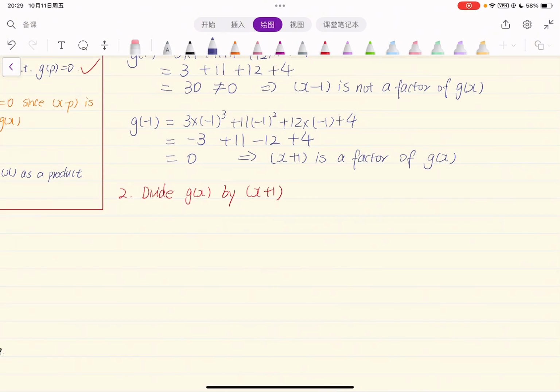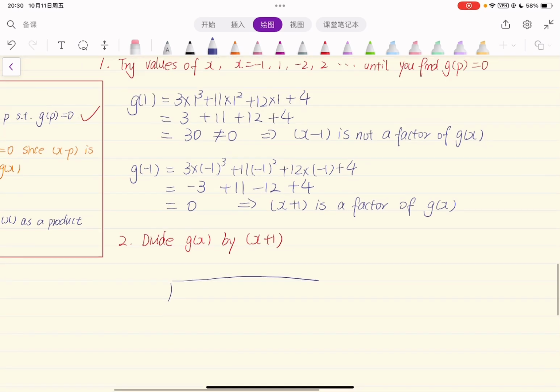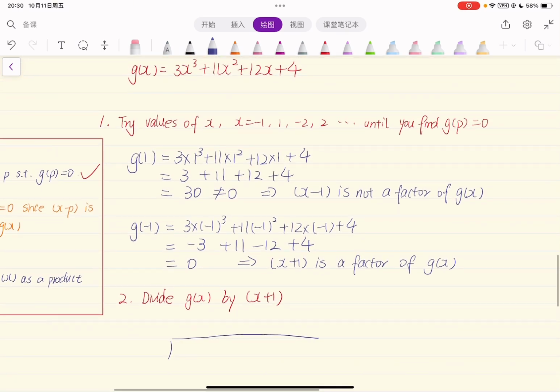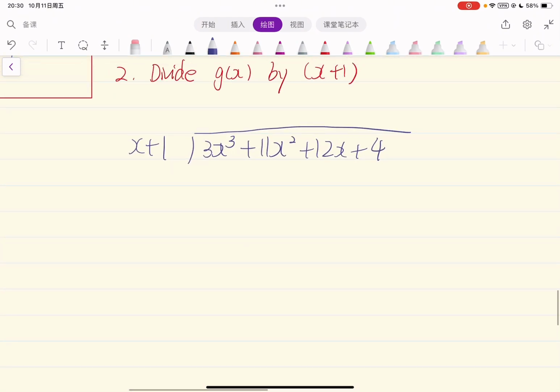We have g(x) inside the division, that is 3x cubed plus 11x squared plus 12x plus 4, divided by x plus 1. So we write down 3x cubed divided by x, that is 3x squared. Then 3x squared times x plus 1 gives 3x cubed plus 3x squared.